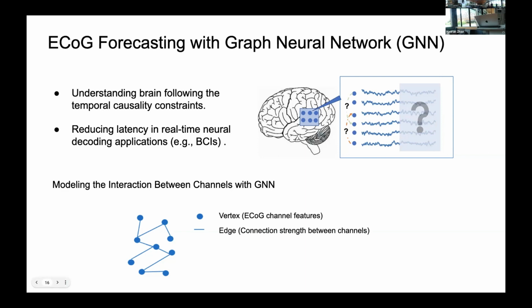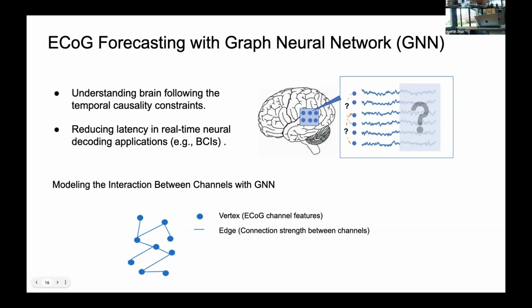Another thing is that forecasting can reduce the latency for real-time BCI applications. As Tron mentioned earlier, neural signals show spatial interactions between the ECoG channels, so we propose to use a graph convolution network to do the neural signal forecasting.